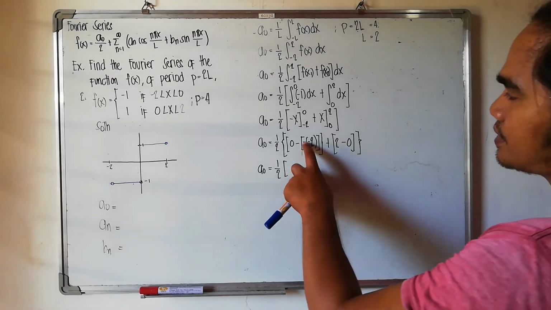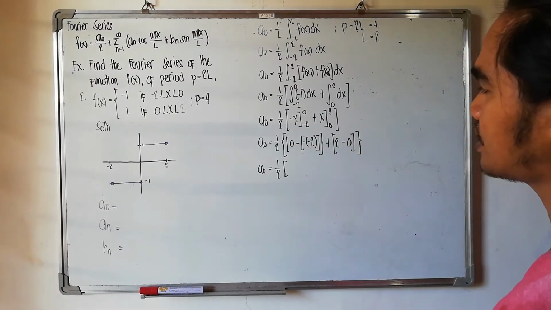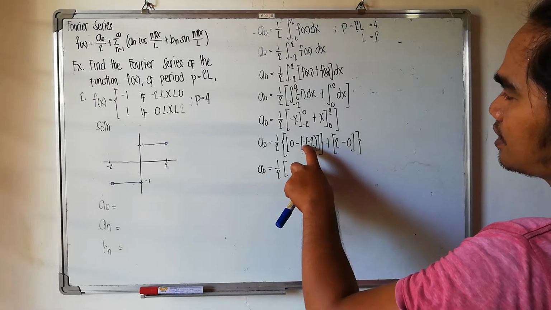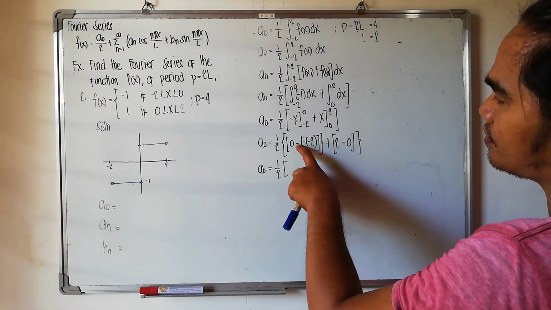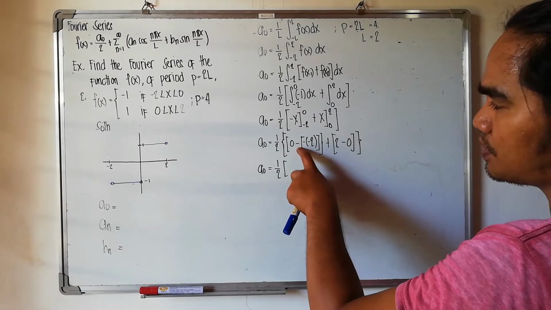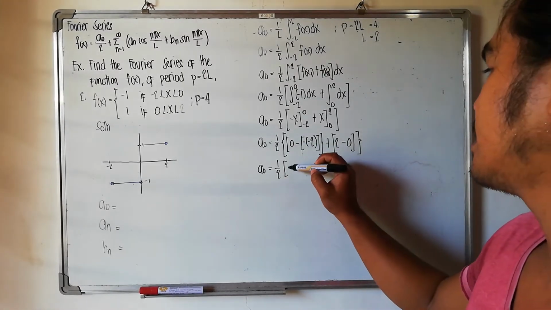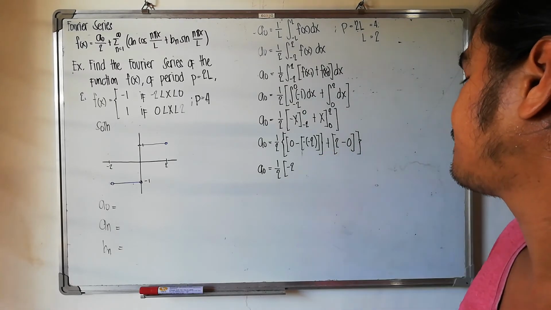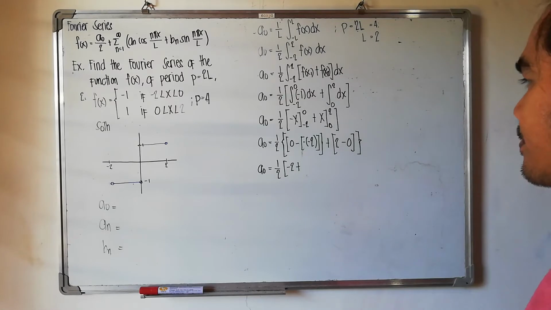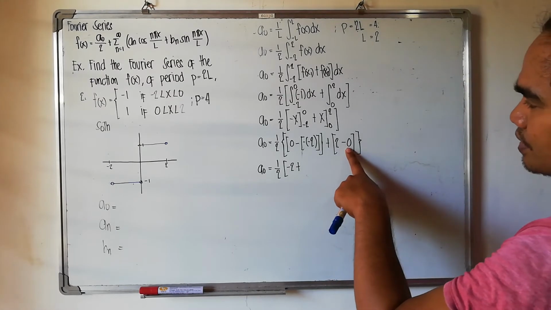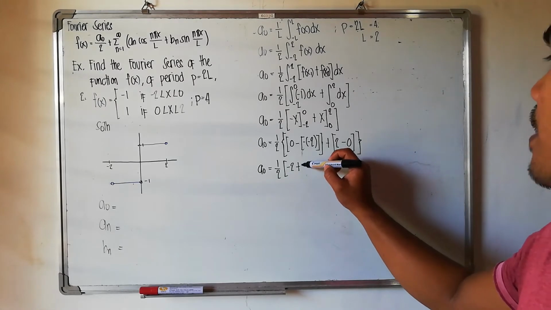So 0 minus negative 2, so that will be negative 2 times negative, so that will be positive 2. Positive 2 times negative, so that will be negative 2. Plus 2 minus 0 equal to positive 2.